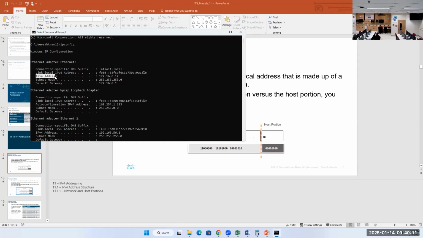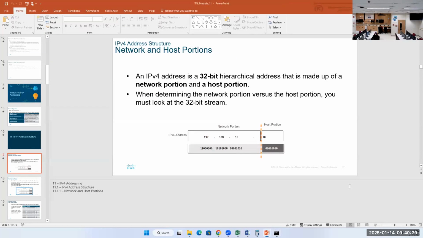You see the IP version 4 address here is 172.16.0.12. That is my IP address for this computer, and every one of you has a specific IP address here. Okay, now I go on with my slide here.